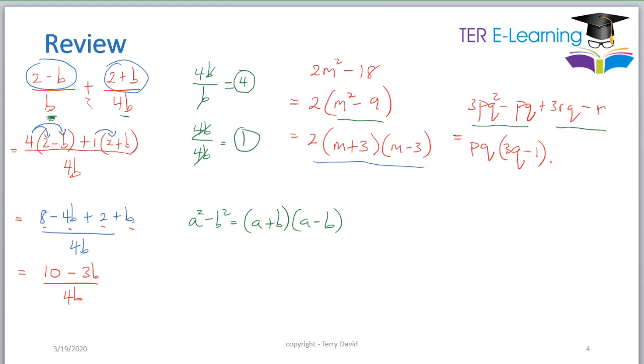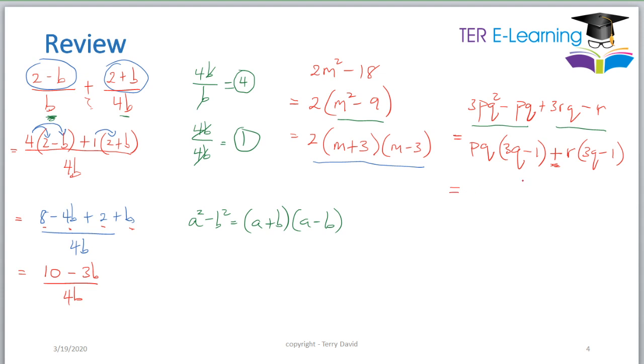Now remember, I told you all in class, don't worry too much about the sign that comes here. But let's look and see what is common between the last 2 terms. The only thing that is common in the last 2 terms is the r. So this is going to be 3q minus 1, so the sign that's going to be here is plus r.